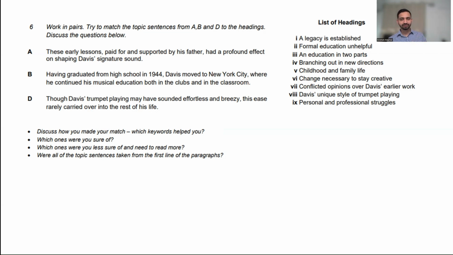So that's the activity that we're doing, and we will find out if the topic sentences are really going to help you to be able to find and match it to the list of headings. Is the topic sentence by itself sufficient, or do you need to read more? Let's find out. Pause this video here, try to match them, and if you're struggling matching it, then you will find out the answers once you come back.